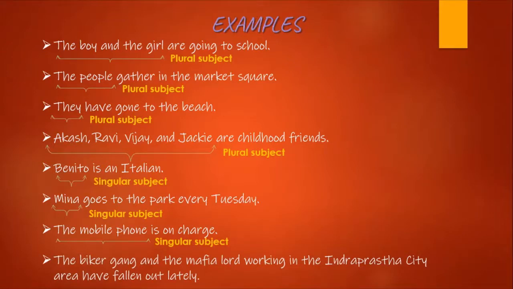As you can see, the subject here is a bit long. The biker gang and the mafia lord, two parties involved, connected by and. Therefore, it is a plural subject we have here, and the verb, have fallen out. Have, plural verb. So these are the examples which we are talking about right now.